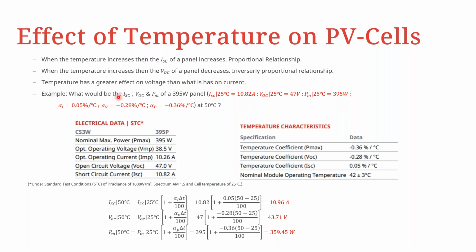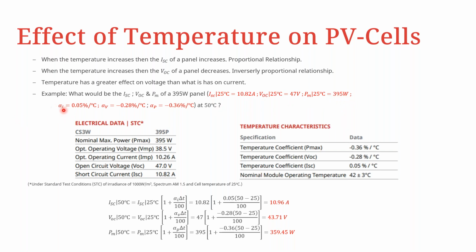So for example, what would be the current, the open circuit voltage and the power of the module on a 395 watt panel? Here we know that at 25 degrees centigrade, which is the normal testing condition, the current is 10.82 amps, the open circuit voltage is 47 volts, and the maximum power of the module is 395 watts.